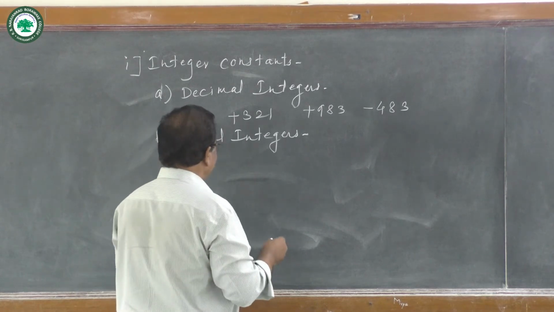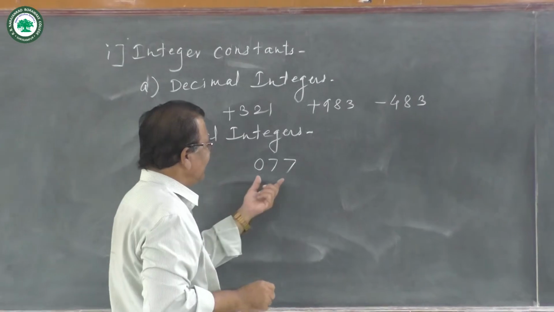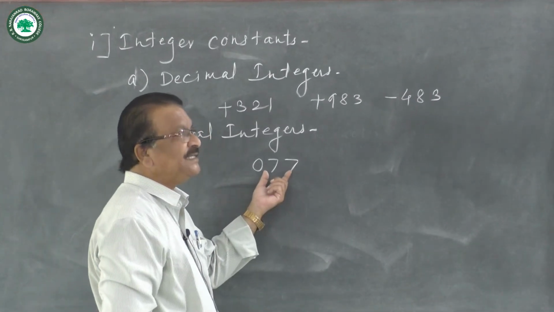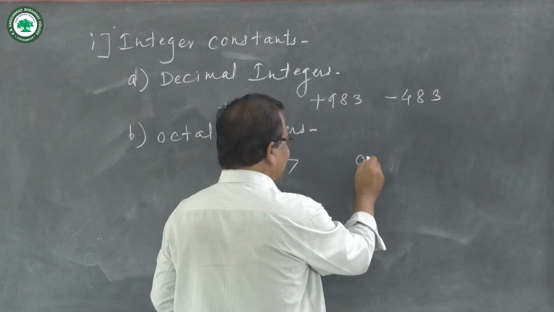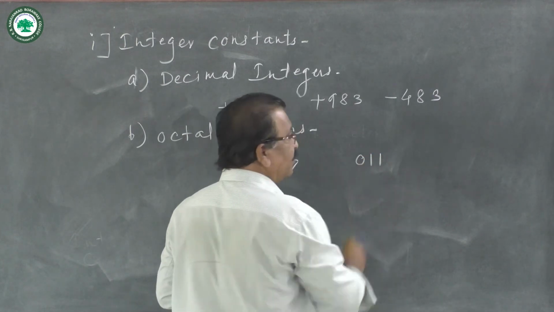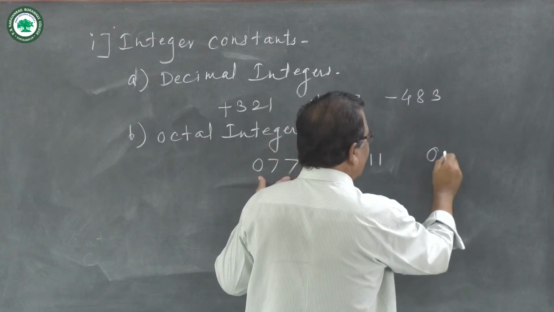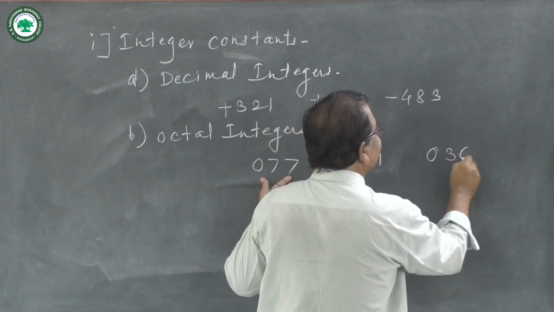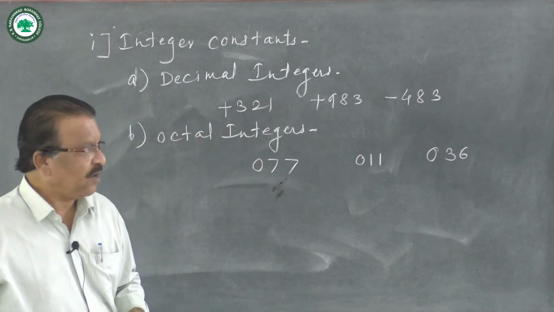The valid examples of octal numbers are O77, which is the largest 2-digit octal number, the smallest will be O11, then O36. These are all examples of valid octal numbers.